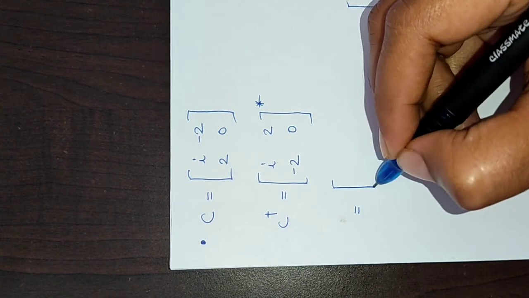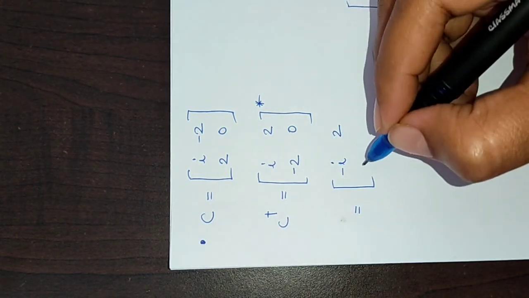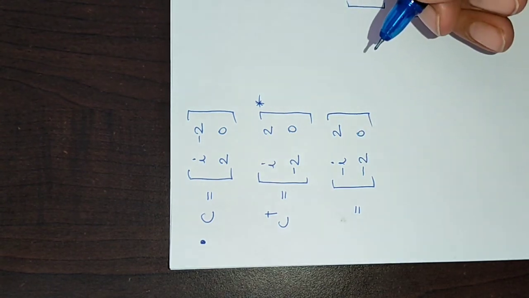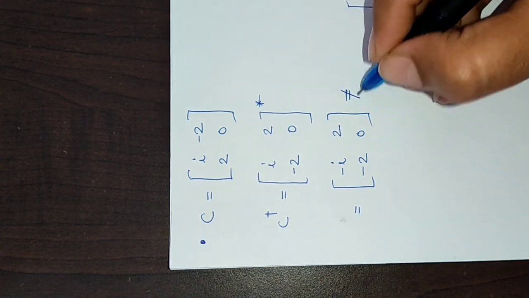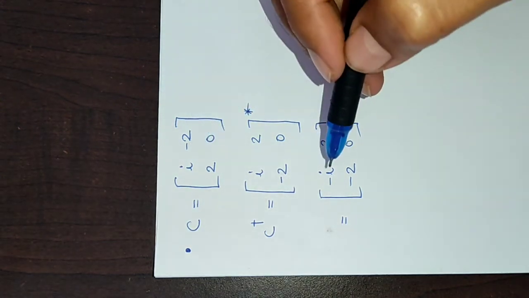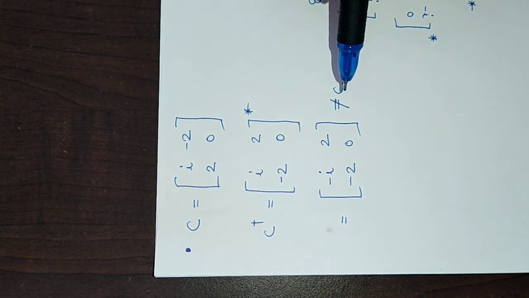Now, it will be minus i, it will be 2, it will be minus 2, it will be 0. Now see, this is not equal to C. i, minus 2; minus i, 2, not matching. So this is not equal to C.